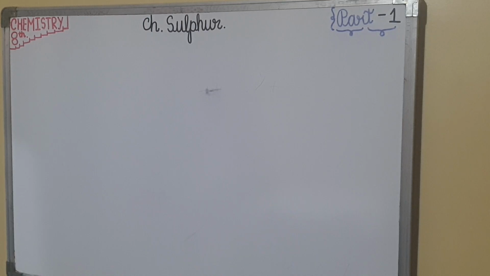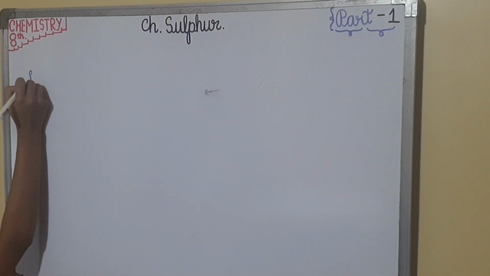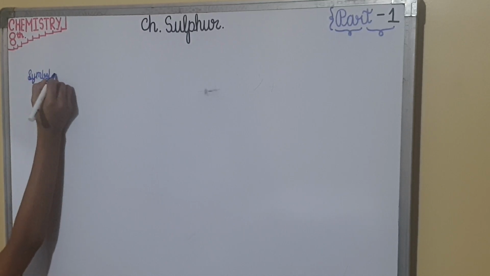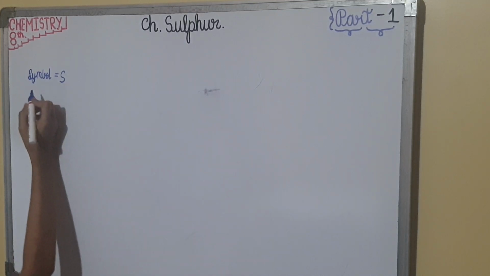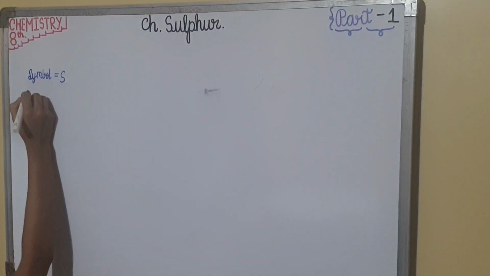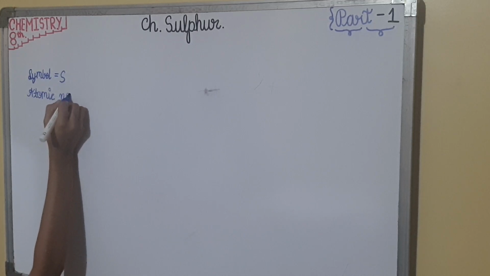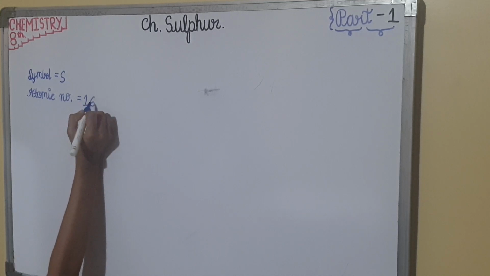So sulfur, as we all know, the symbol of sulfur is S. Sulfur atomic number is 16.